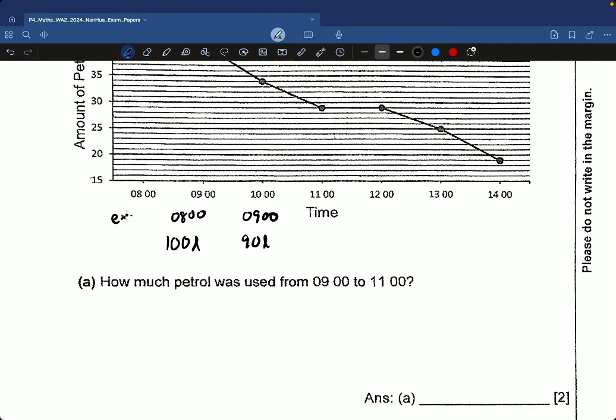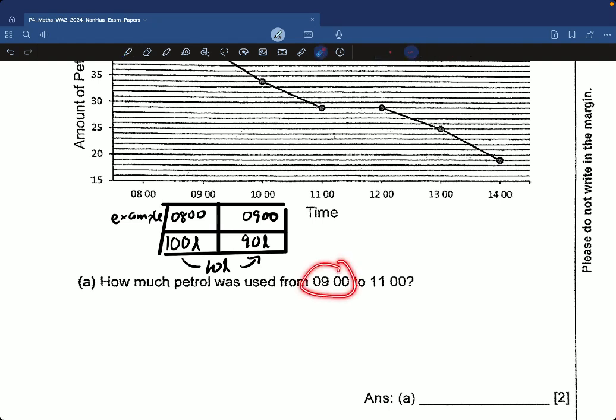That means how many liters have been used from 0800 to 0900? Basically 10 liters have been used from 0800 to 0900 hours. Okay, so that means we need to first get the number of liters at 0900 and 1100.